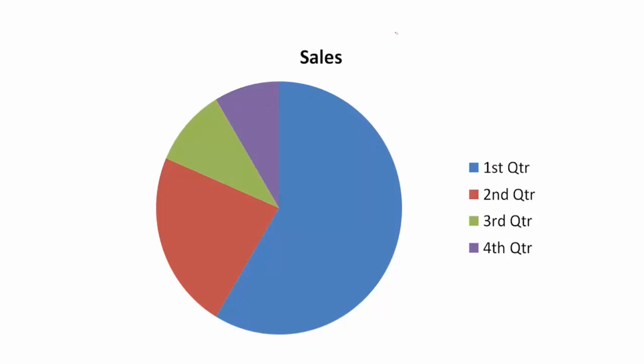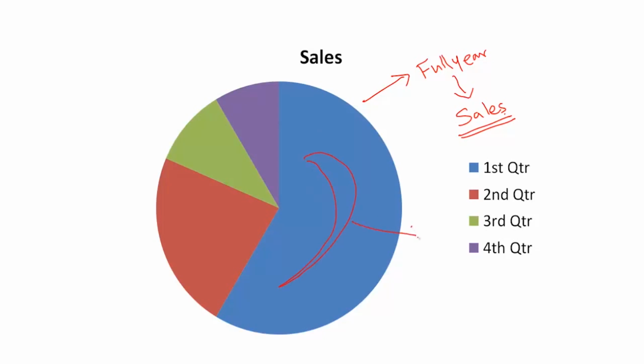I mean, this pie is basically representing one full year's sales, and of which the majority of the sales has come from this region.